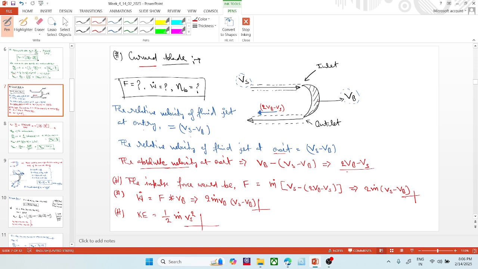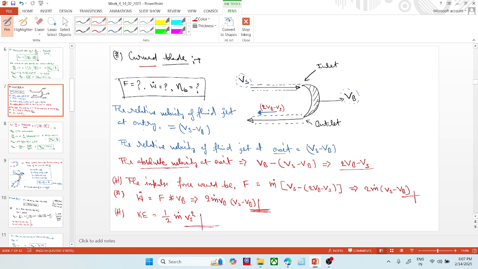The value will come out to be 2Vb minus Vs. The impulse force would be F equals rate of change of momentum. So Vs is the initial velocity and 2Vb minus Vs is the final velocity. So the value of the impulse force would be 2 m dot (Vs minus Vb). Okay. Then we have determined the power.